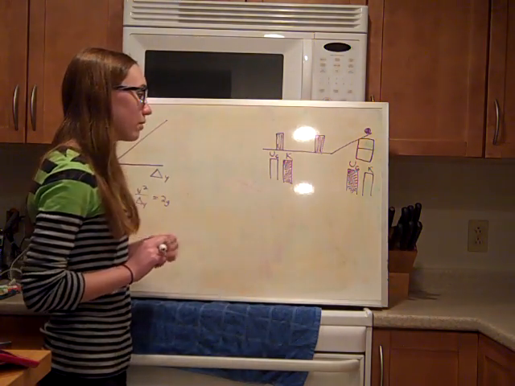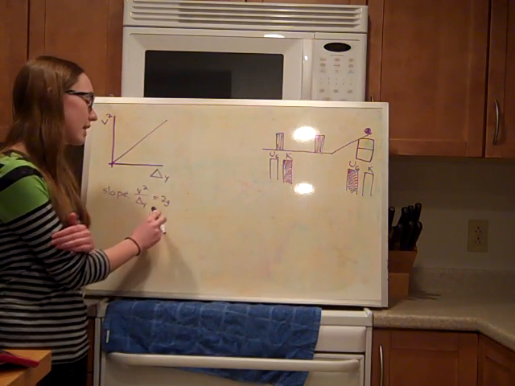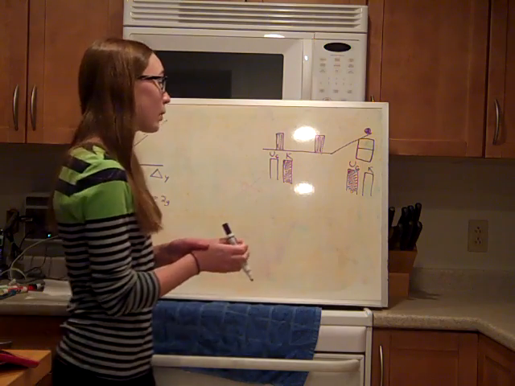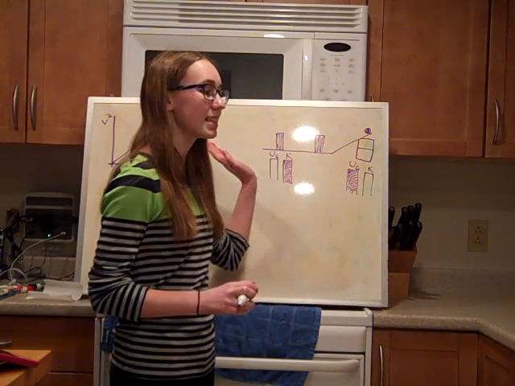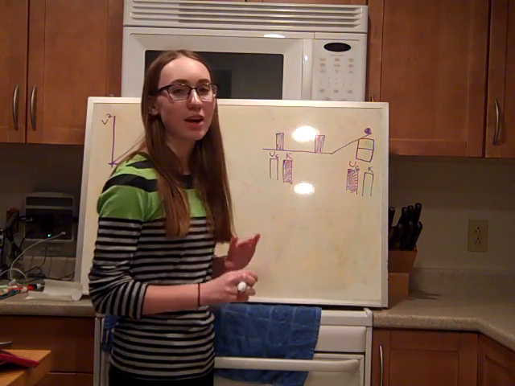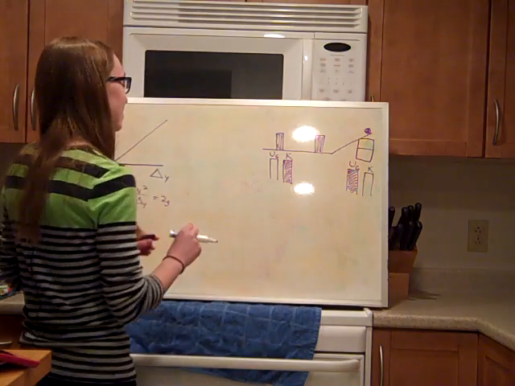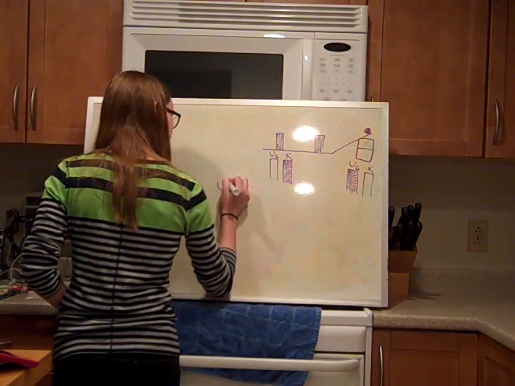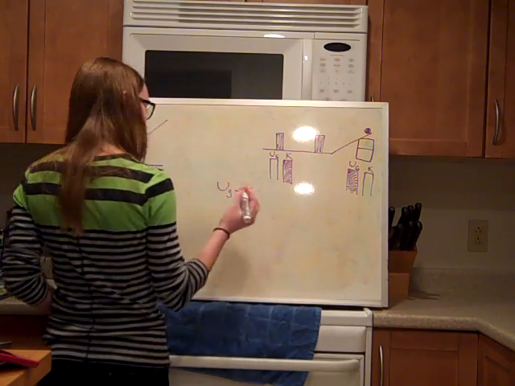So now we know this, and we're trying to get v² over delta y equals 2g. How are we going to do this? Well, we know that the total energy at the top is going to be the same as the total energy at the bottom. So at the beginning of the experiment, it's going to be the same as at the end of the experiment. So we know that UG has to equal K. So now we're just going to use our equations.